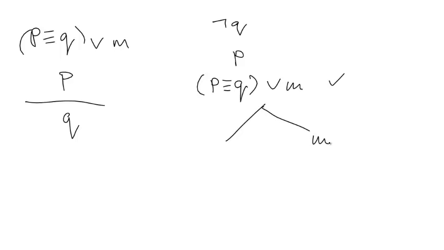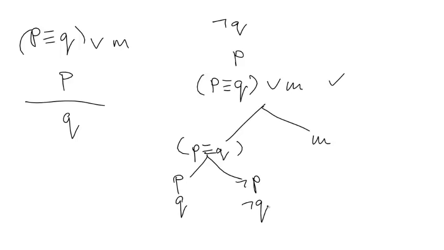We've got M in one path, P if and only if Q in the other. At this point, you should see that it's going to be an open path forever, but let's go ahead and resolve the P if and only if Q part. So we'll go P, Q, not P, not Q.